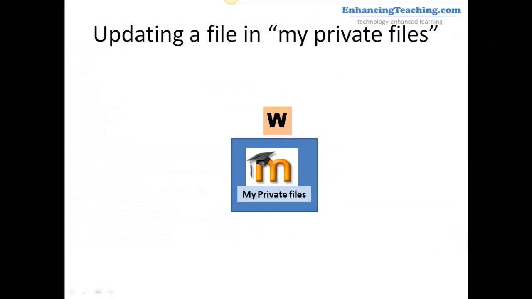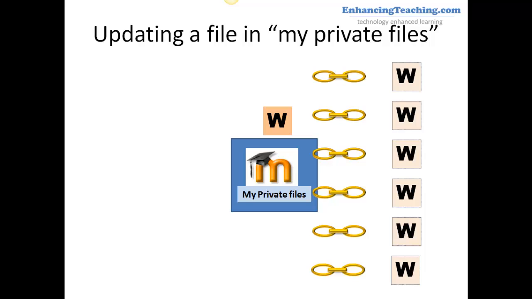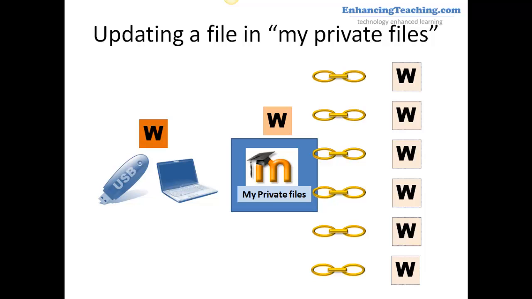Okay, so now you've uploaded a file. How do you update it? Again, we'll say the copy of the Word document is represented here in orange. And you have it linked to several files, maybe on several different courses, the same file, with the original being stored on your computer.